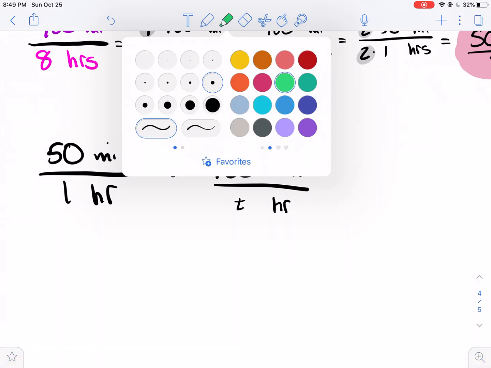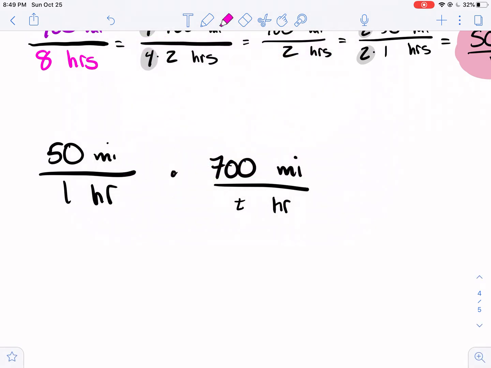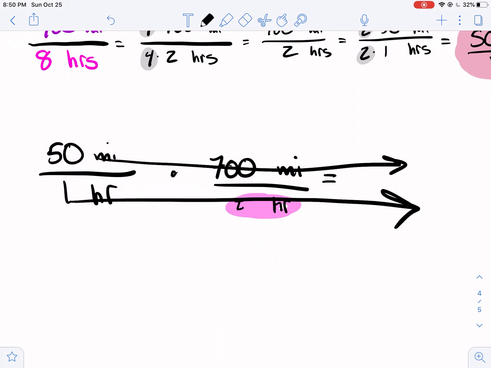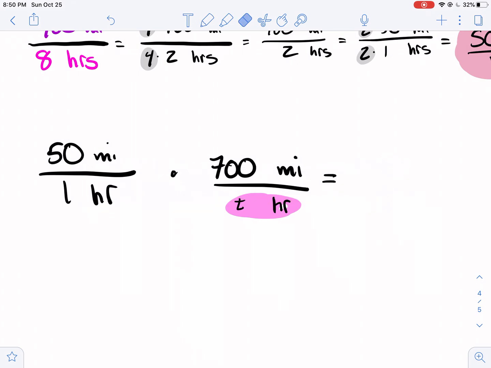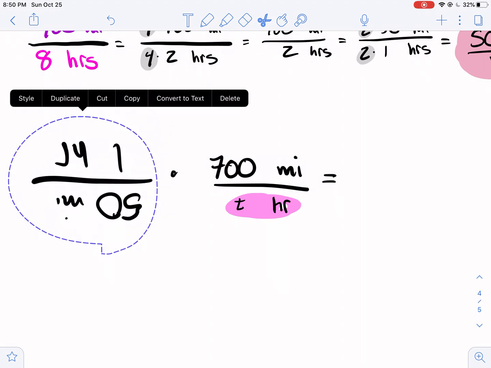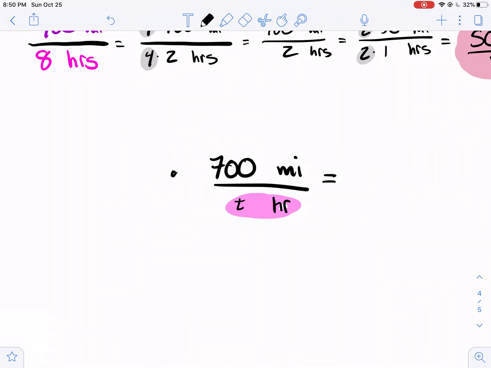How much time will it take? If we multiply these across, we'll just get miles squared over hours squared. That's not going to work. So instead, we're going to take our conversion and flip it upside down.